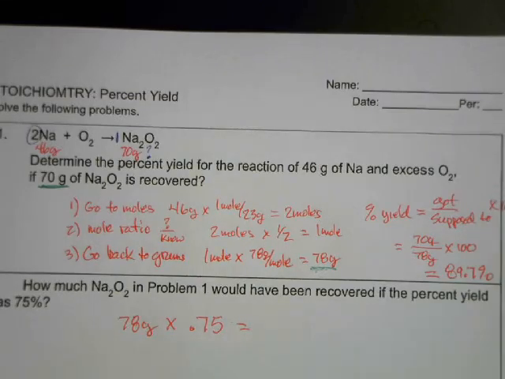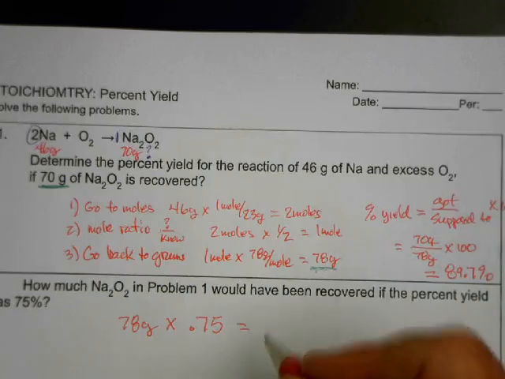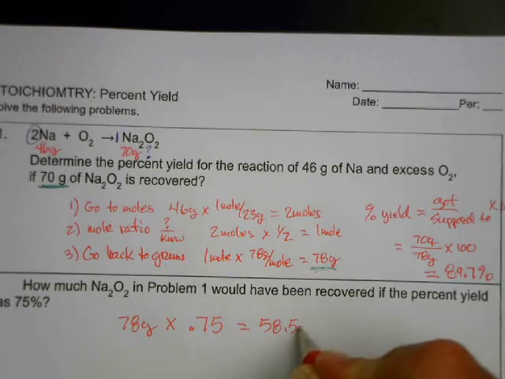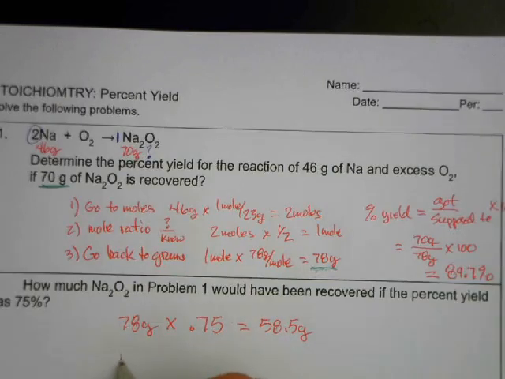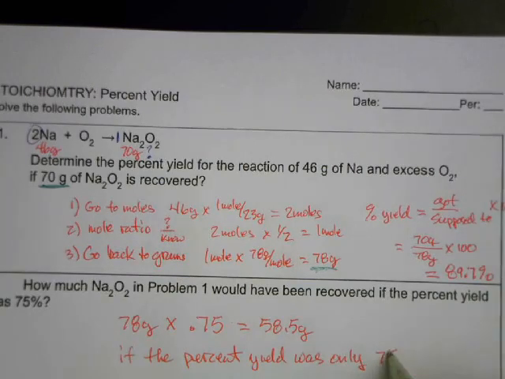And so basically, the idea here is if the percent yield was only 75%, we would have recovered only 58.5 grams instead of 70 grams.